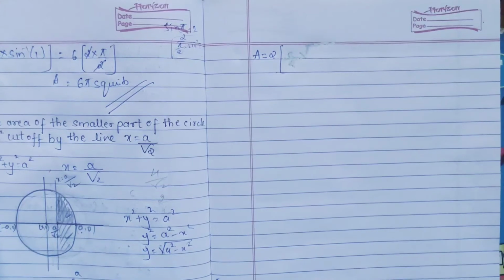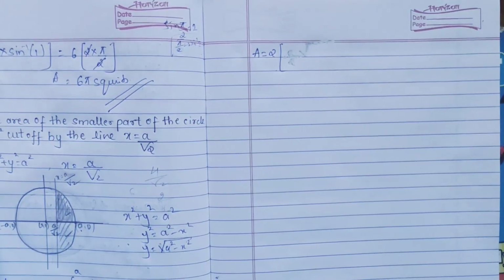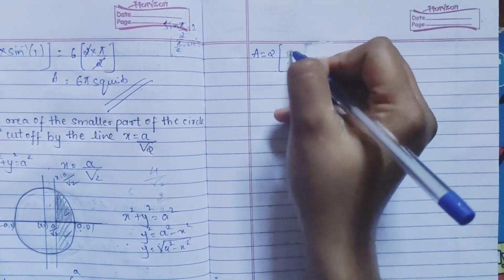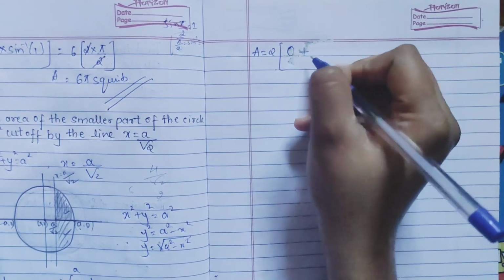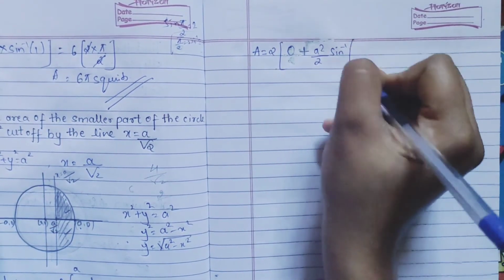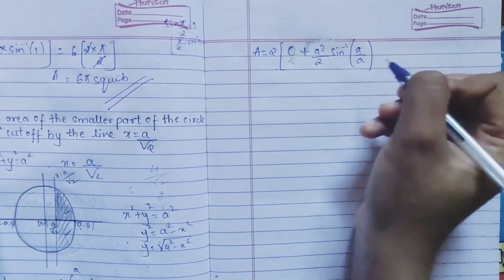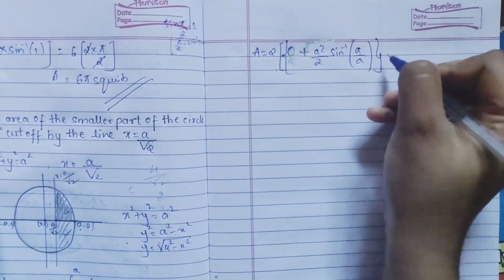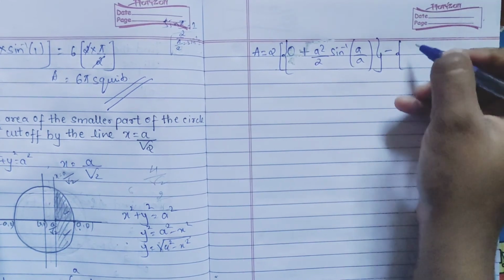For the upper limit, x by 2 root of a square minus a square gives 0, plus a square by 2 sin inverse a divided by a. This is for the first, minus the lower limit, which is a by root 2.